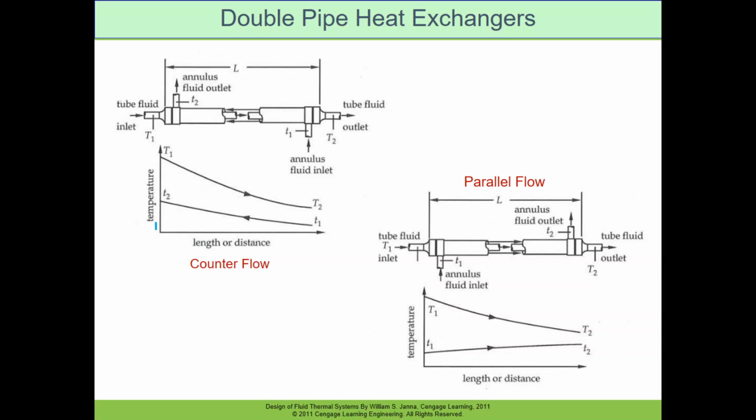If you see the temperature variation along the length of the heat exchanger, you will see that the warm fluid is entering at this end and its temperature is going down, and the cold fluid which is entering from the other end, its temperature is raised. So this is the case of counterflow arrangement.